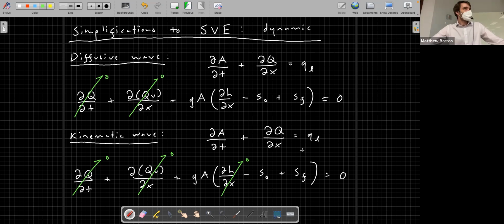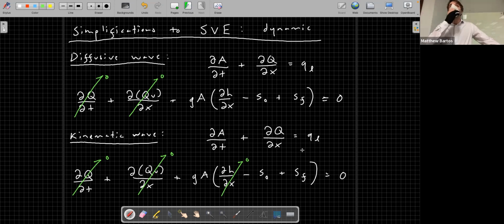It can still represent laminar. So we're essentially saying that the difference in pressure on the different sides of the control volume is equal. So essentially what we won't be able to represent is backwater. We won't be able to represent backwater anymore.